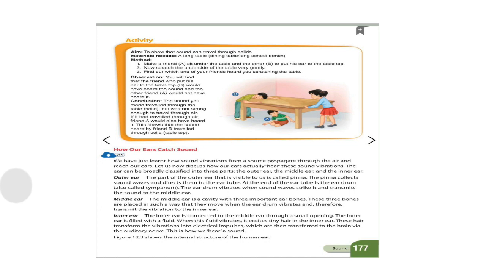The next one, inner ear. The inner ear is connected to the middle ear through a small opening. The inner ear is filled with a fluid. When this fluid vibrates, it excites tiny hair in the inner ear.